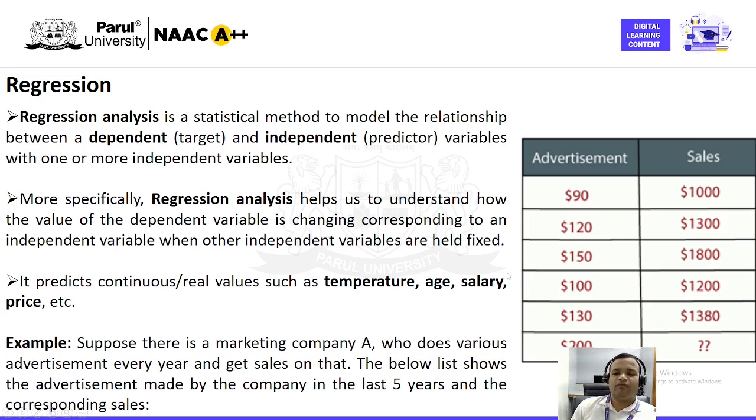Now, with the help of this example, we can calculate, whenever company A spends $2,000 on the advertisement, what the sales will be. So we can predict the value of sales whenever you spend $200 on the advertisement, with the help of previous expenditure on advertisement and the sales obtained.